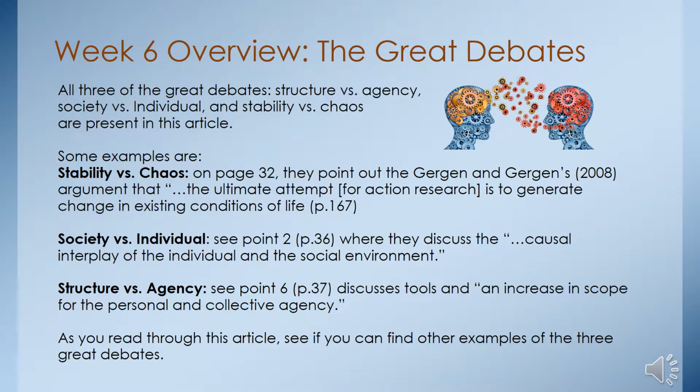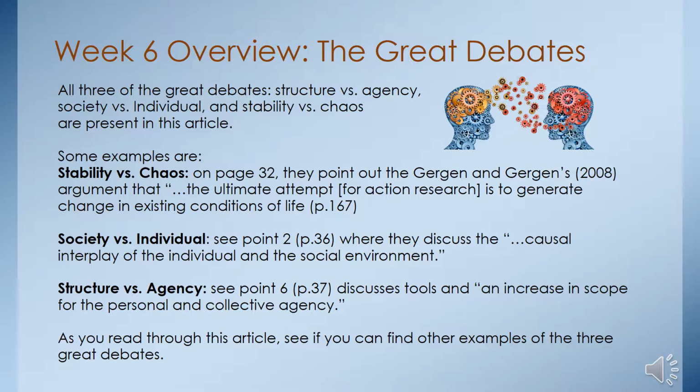The Great Debates. All three of the Great Debates, structure versus agency, society versus individual, and stability versus chaos, are present in this article. Some examples are stability versus chaos.